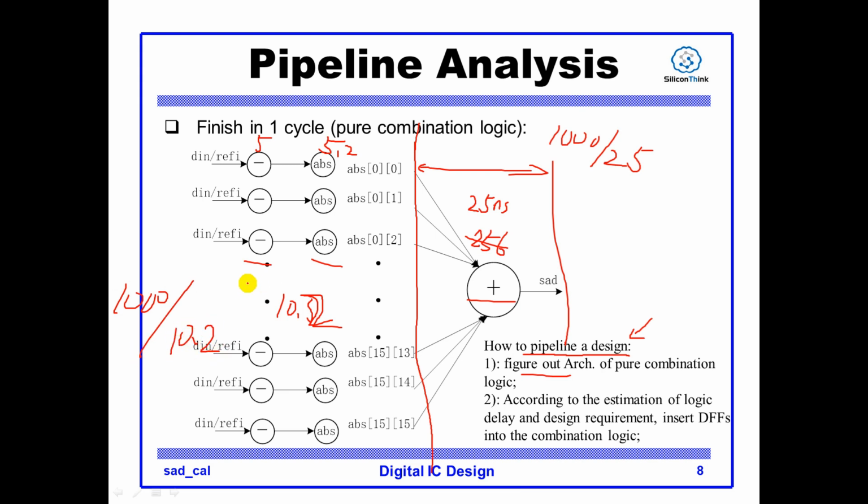This is the clock frequency the design can run at, in megahertz. So for this pipeline design, the logic delay of each segment is not equal. This is not a good pipeline. This is not a good insertion point of pipe register.